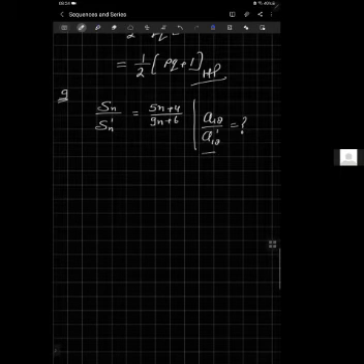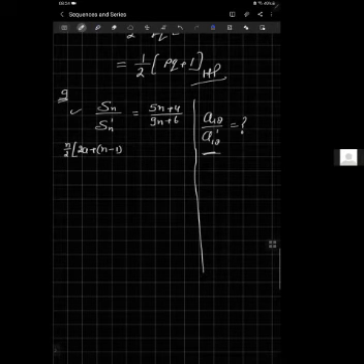Now this will help us to simplify. But first of all, I'm taking the main part. Sn can be written as n upon 2 into 2a plus n minus 1 into difference d, upon n by 2 into 2a dash plus n minus 1 into d dash.